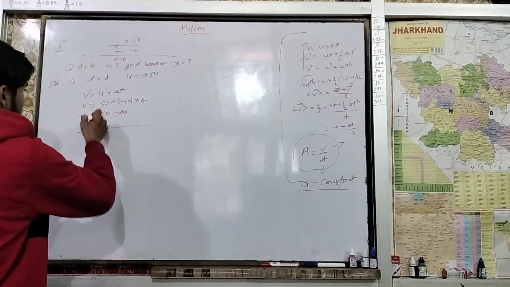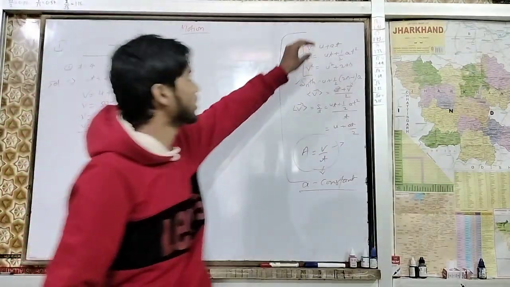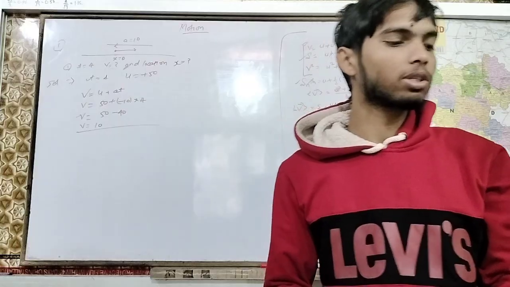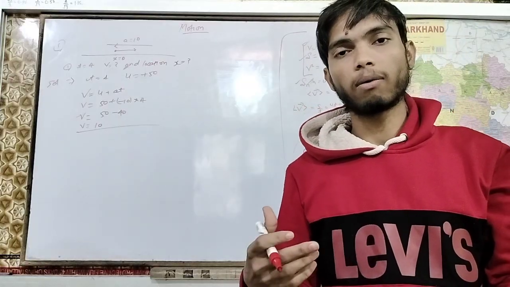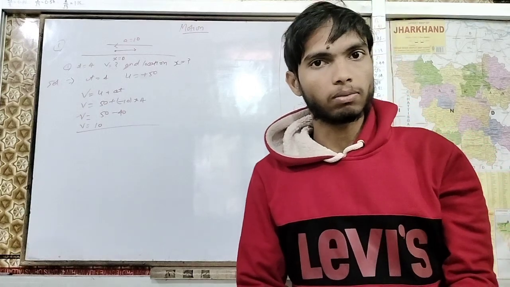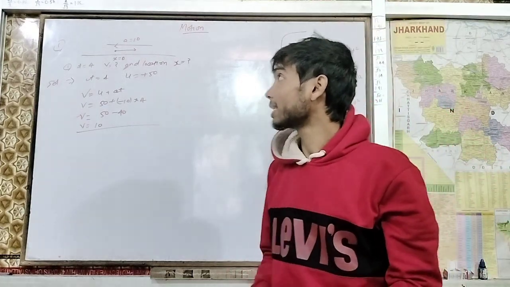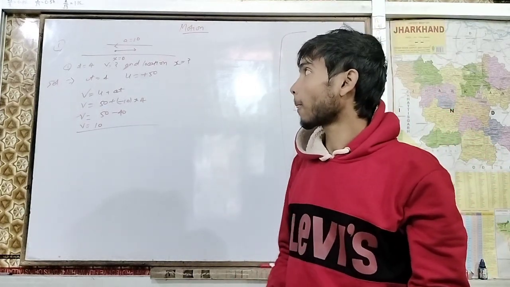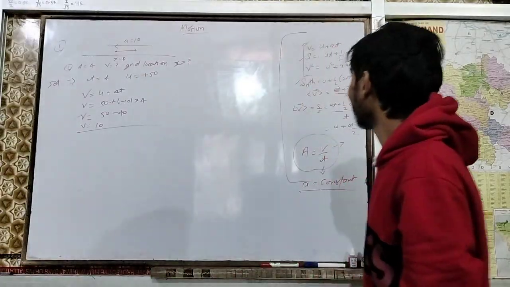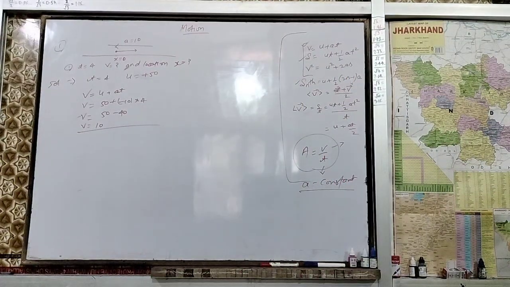Now this v came from this first equation, because we were able to find velocity where t was given, u is given, and a is also given. That's why. So now let's see displacement.